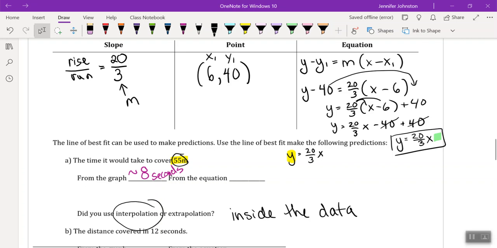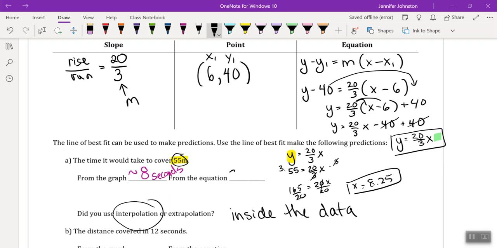So we're going to sub it in for y. We get 55 is equal to 20 over 3x. We have to multiply by 3 on both sides to get rid of those 3's. So we get 165 is equal to 20x, and divide them both by 20. And here we get x is equal to 8.25. There we go, from the equation.